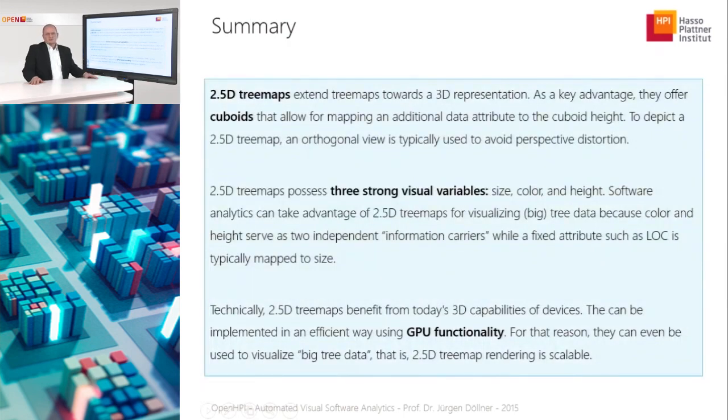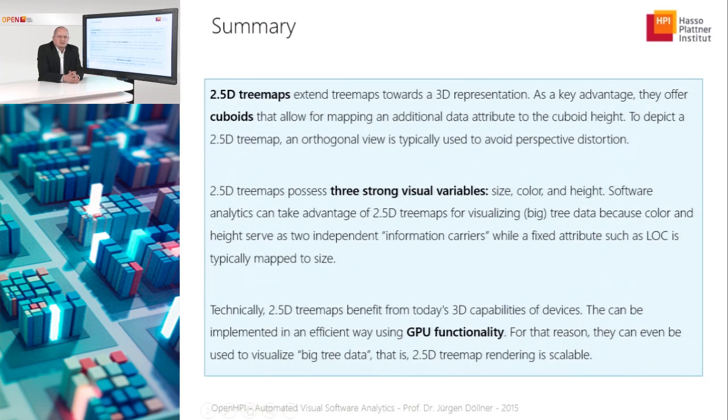Summary. In this part, we have introduced 2.5-dimensional tree maps that extend regular tree maps towards a 3-dimensional representation. As a key advantage, they offer cuboids that allow for mapping an additional data attribute to the cuboid height.